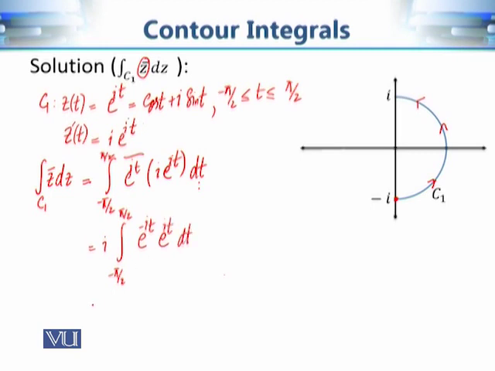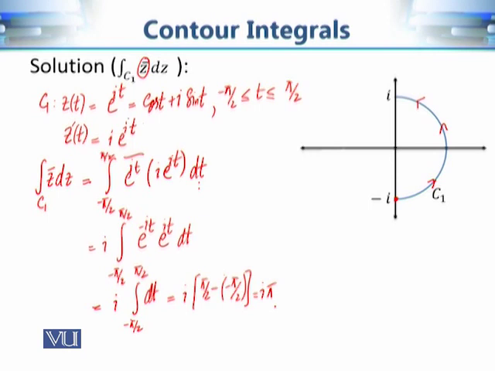When we multiply e raised to power minus iota t and e raised to power iota t, it just becomes e raised to power 0, and e raised to power 0 is 1. So, it becomes iota times the integral from minus pi by 2 to pi by 2 of dt. This is equal to iota times pi by 2 minus minus pi by 2. According to the fundamental theorem, this is equal to iota pi.